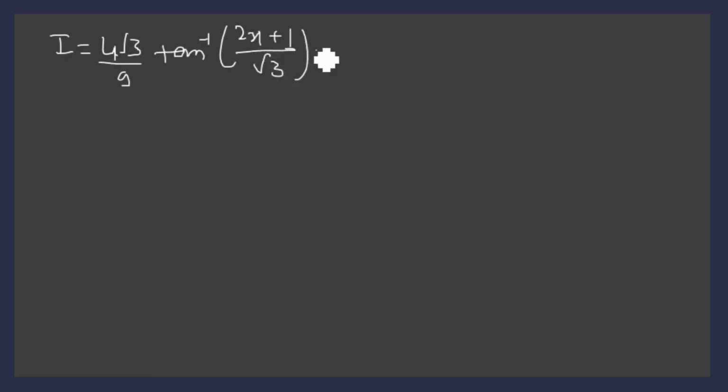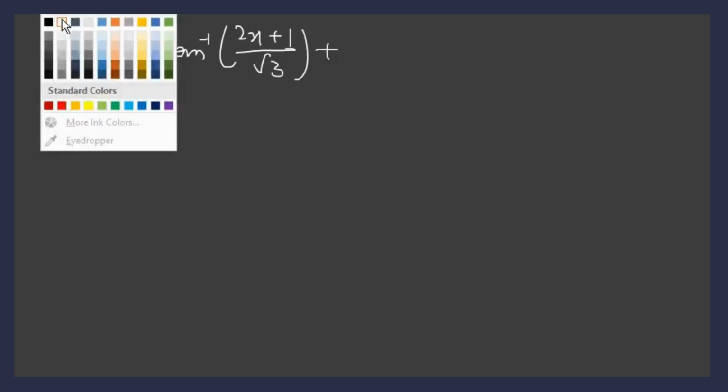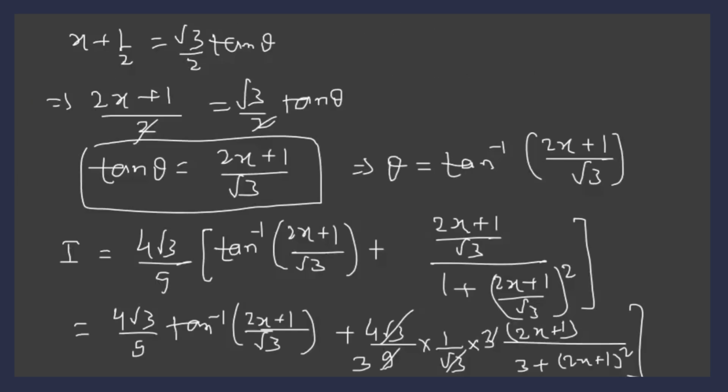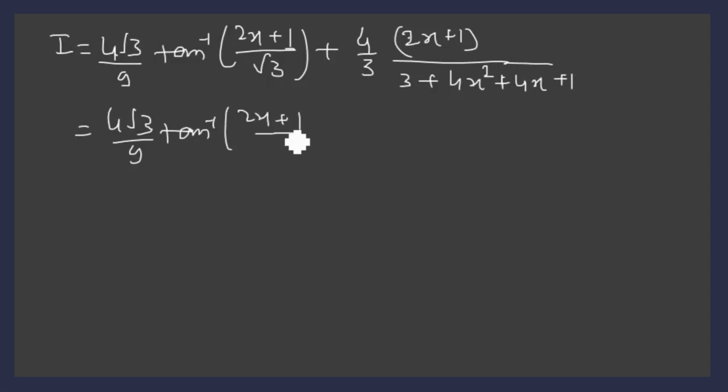The integral I equals 4 root 3 by 9 tan inverse 2x plus 1 by root 3, plus 4 by 3 into 2x plus 1 divided by 3 plus 2x plus 1 the whole square. That is 4x square plus 4x plus 1, so the denominator is 4x square plus 4x plus 4, since 3 plus 1 is 4.